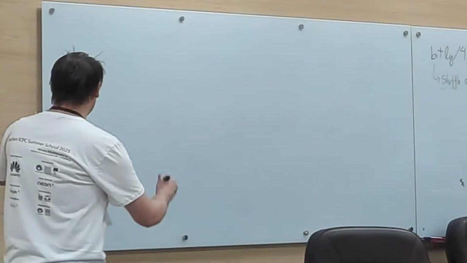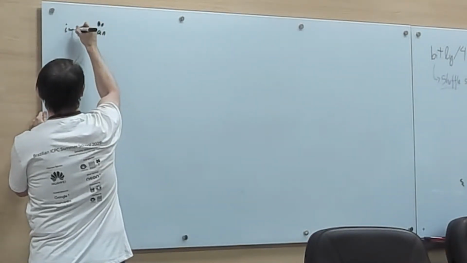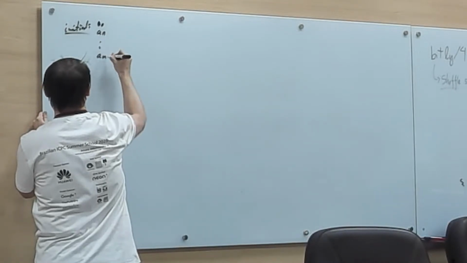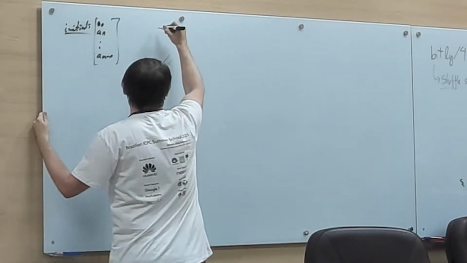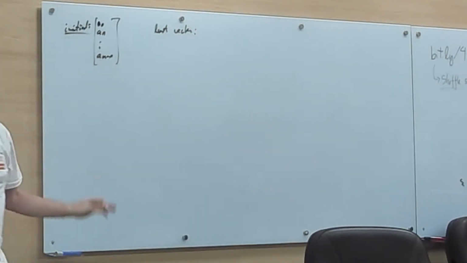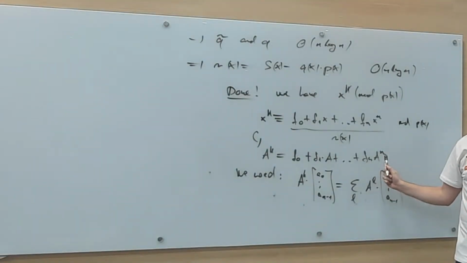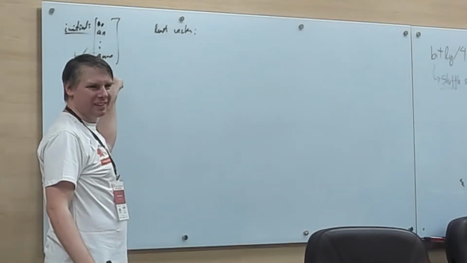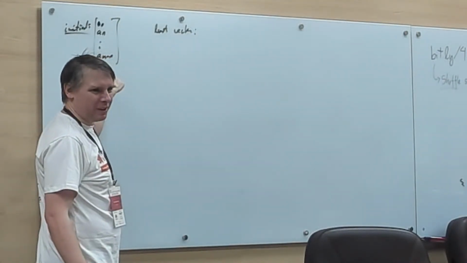Notice that the initial vector is a0, a1, and so on, a(n-1). The last vector is multiplied by A^n, so that means you take n steps with the recurrence, and in each step you shift the index and add a new term.